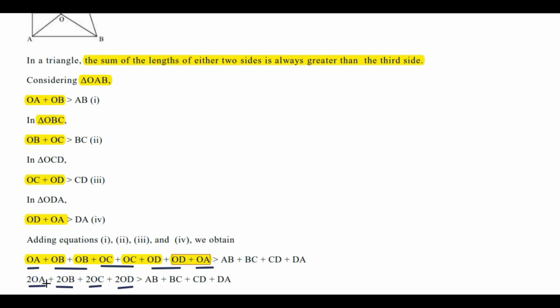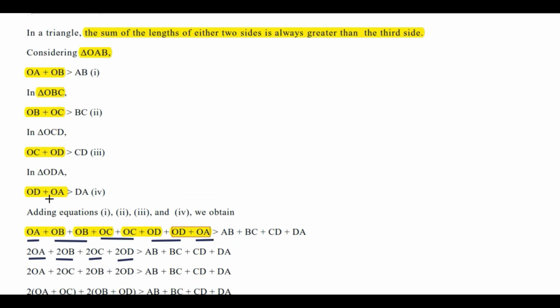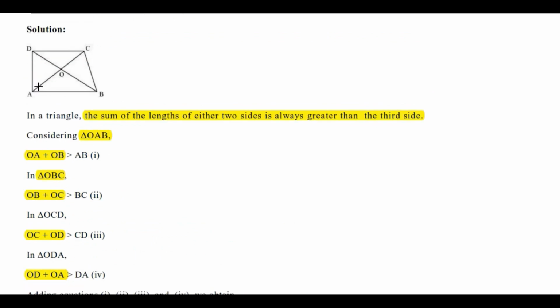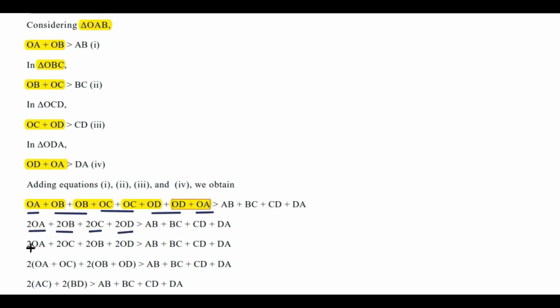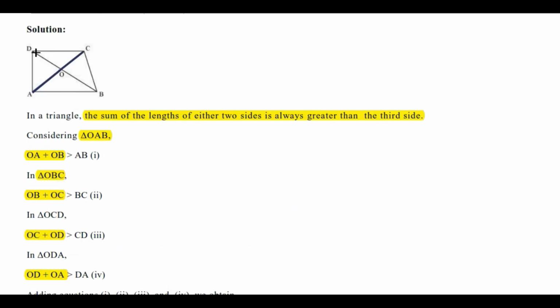Okay. Now see, here we can see one thing. What is OA plus OC? This is OA and this is OC. OA plus OC is equal to AC. So add OA and OC. Similarly, OB and OD. This is OD and this is OB. The sum of OB and OD is what? BD.